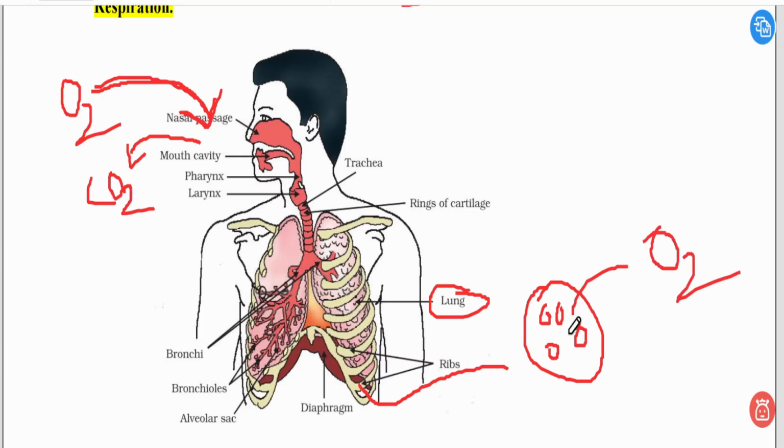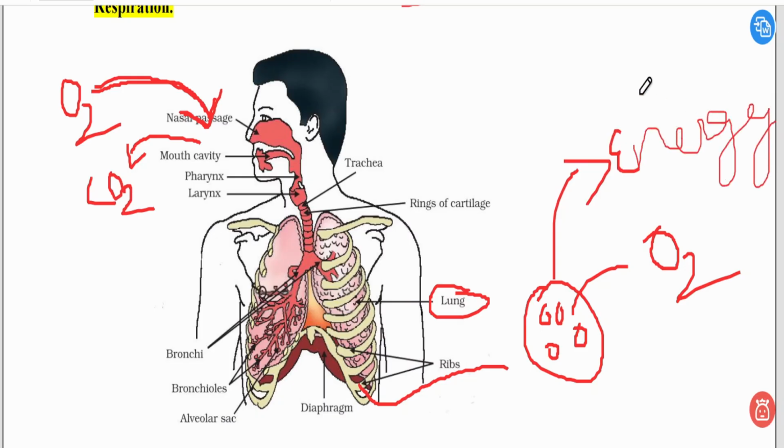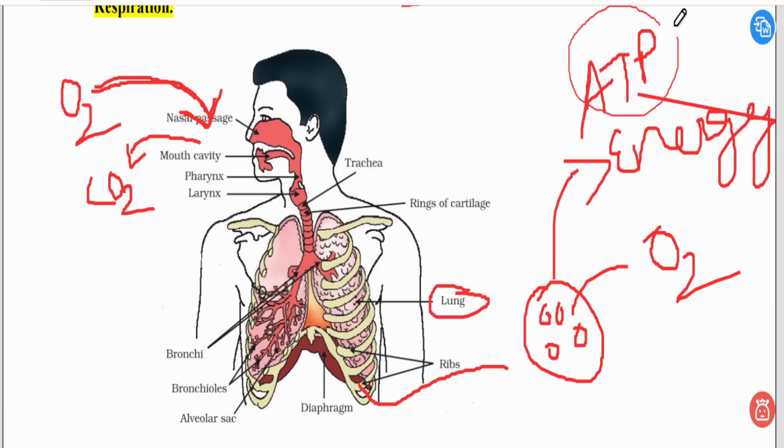When this oxygen breaks down the different food sources, it will produce energy in the form of ATP, that is adenosine triphosphate.